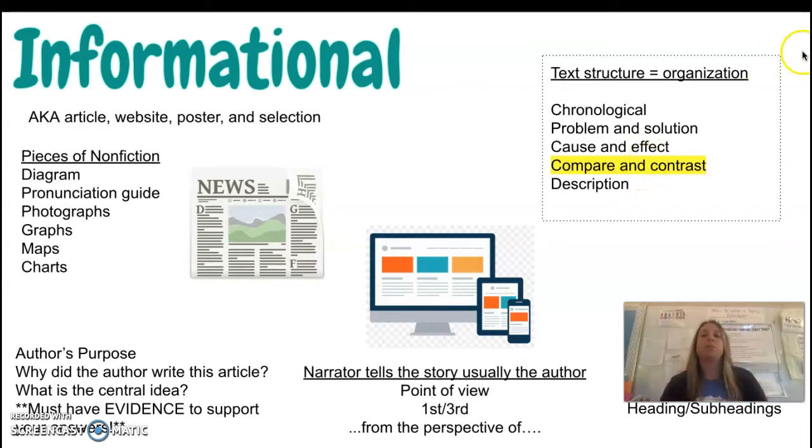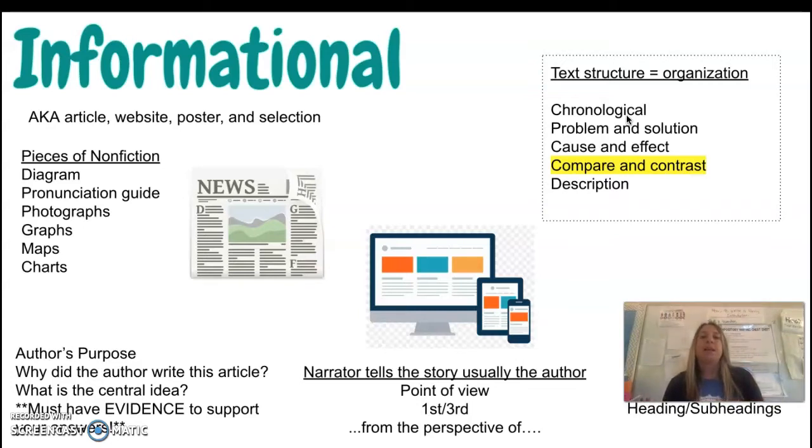So sometimes we've talked about they use chronological order. Remember that is just a fancy word for sequencing. That's a fancy word for like time order. So sometimes it may say, how did the author organize the story?